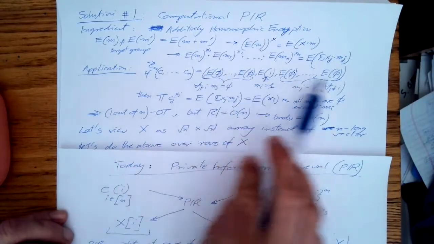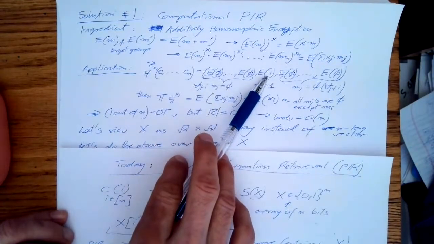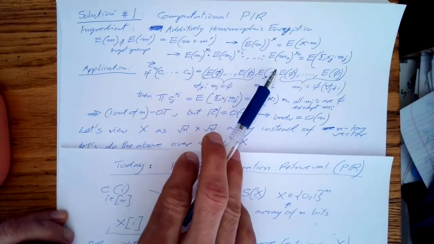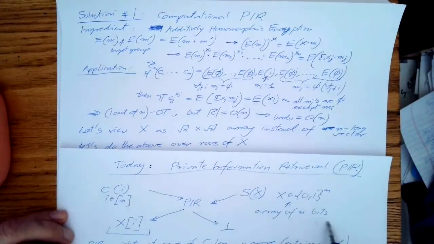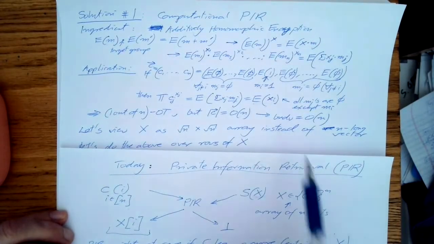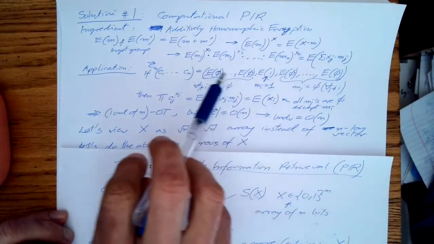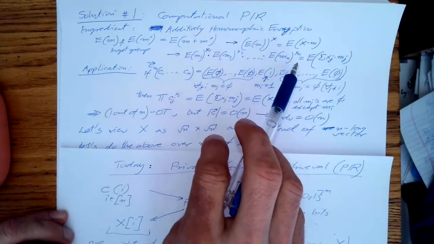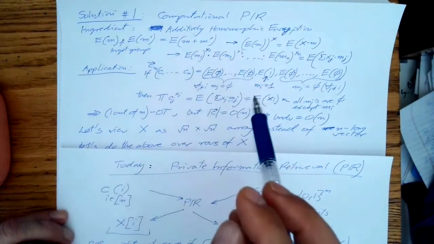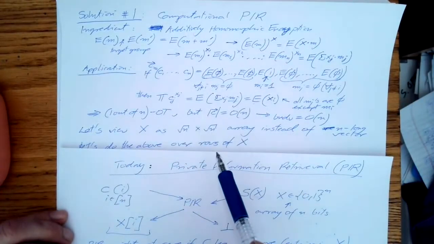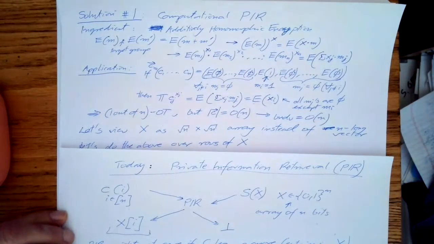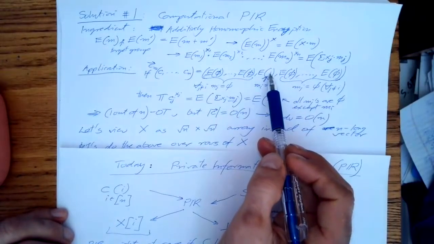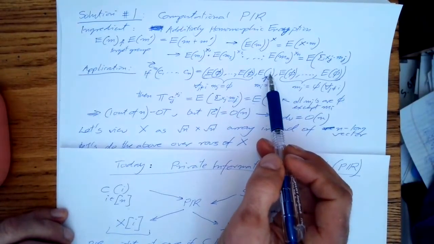So let this ciphertext be one in the, let me get it correctly, this has to be an encryption of the row that he wants to retrieve.